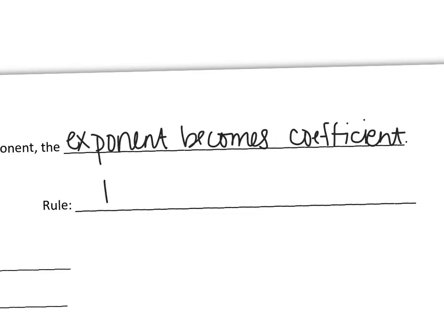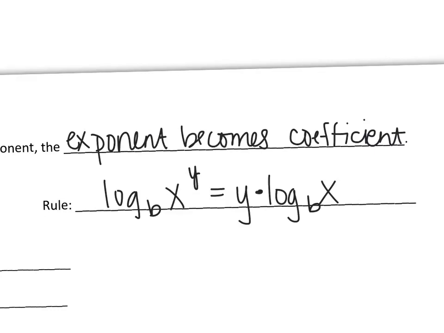So if I have, for the rule, the log base b of x to the y power, then that is the same thing as saying y times the log base b of x. So I can take my y and bring it down in front. That also means I could do the opposite and take a coefficient and move it and make it into an exponent as well. I can do either one.